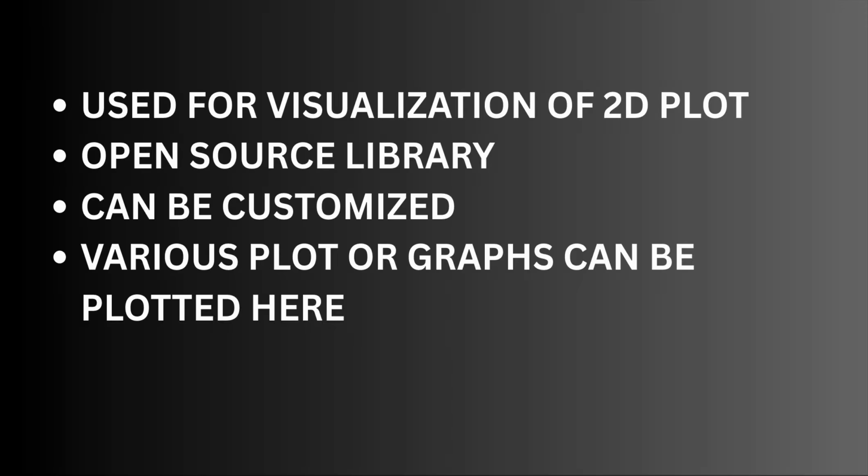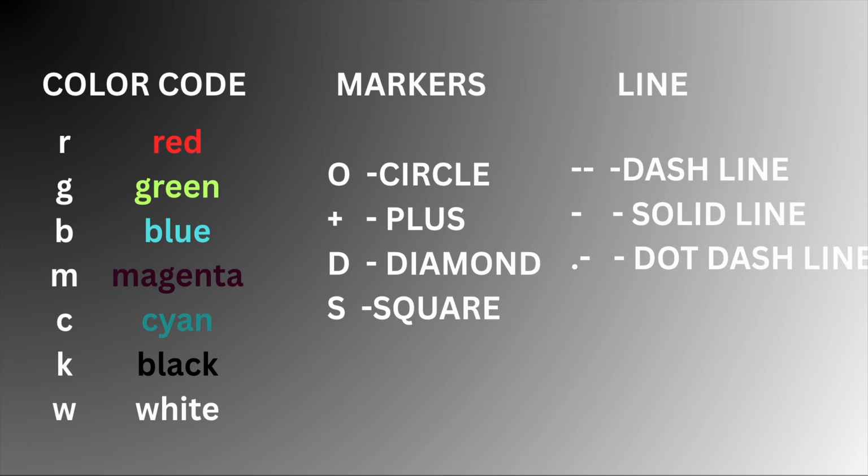Coming on to the next slide, these are the basic things we have to remember while we write code to customize the graph. If we have made a graph, in the code we have to write some fundamentals so that they are reflected in our graph.